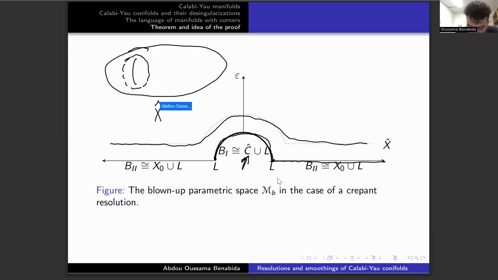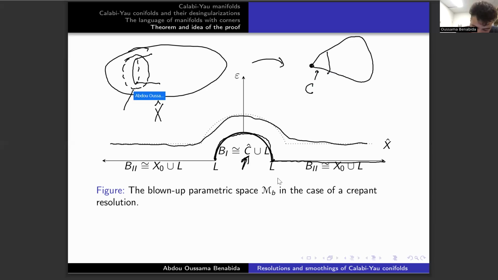So basically here, this is our x hat. And locally, after blowing up, we get something like the resolution of the cone C. And the cone C is the model cone of x0.